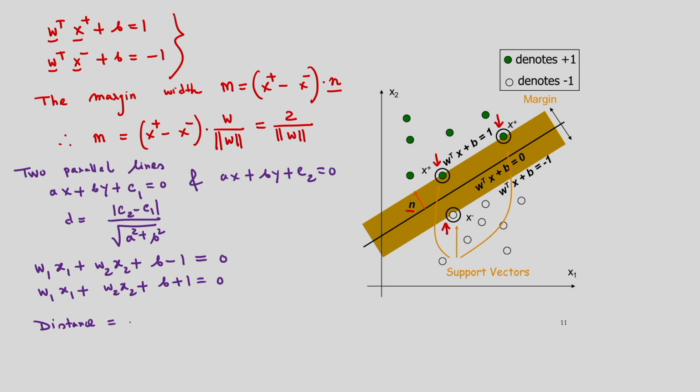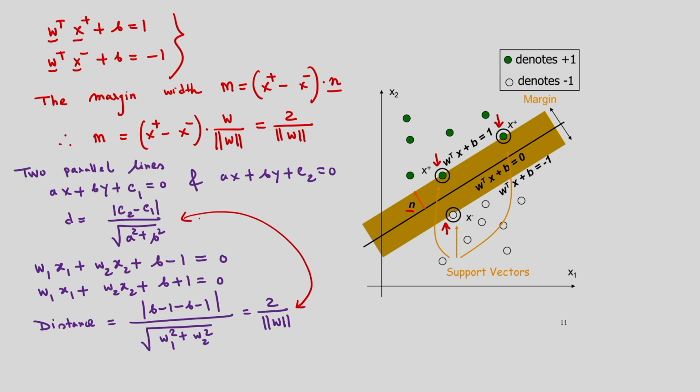Distance will be b minus 1 minus b minus 1, divided by root of w1 square plus w2 square. So I will be getting 2 by w norm. So here you can see this is very similar to this, and actually we have obtained this one from this.